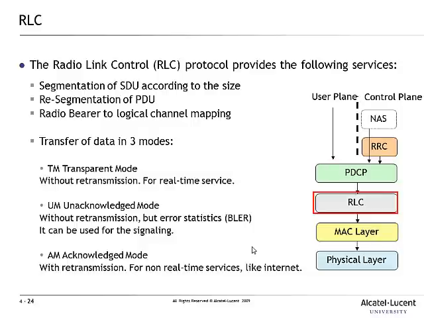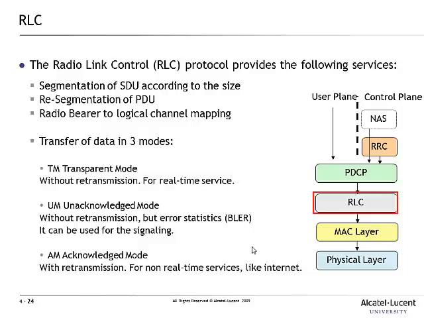In unacknowledged mode, again we don't retransmit, and this one is used for signaling purposes. And the third mode is the acknowledged mode, and this is where we have retransmission taking place. So when will that occur?